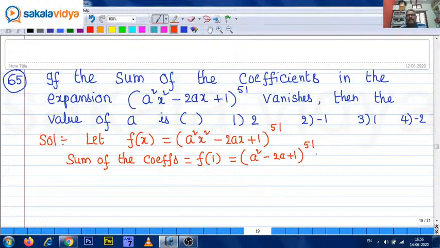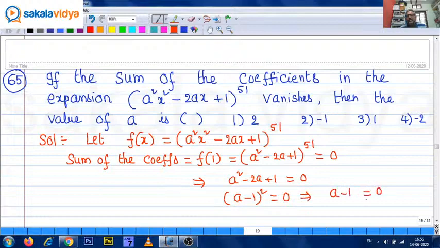So this is equated to 0, since it vanishes. That implies a square minus 2a plus 1 is also 0. This is nothing but a minus 1 whole square equals 0. That implies a minus 1 equals 0. So a equals 1. Third option is the right option.